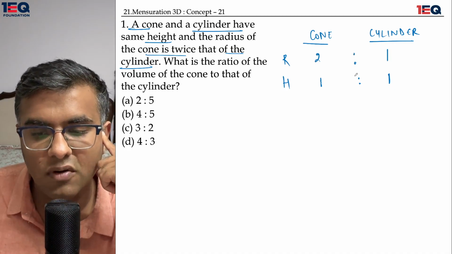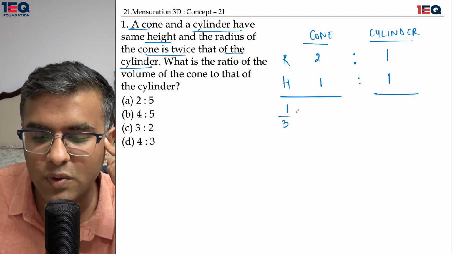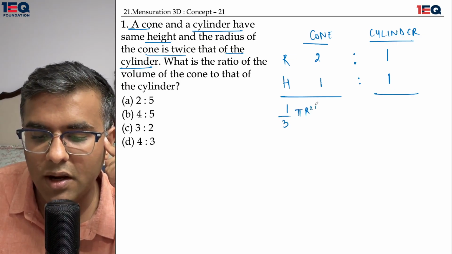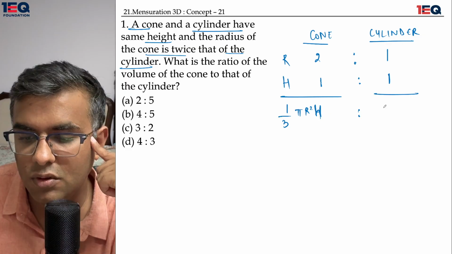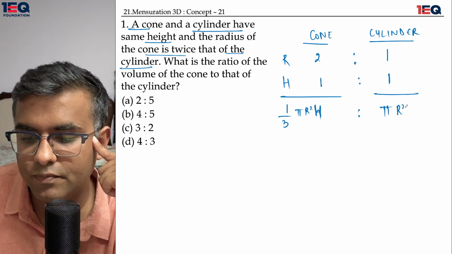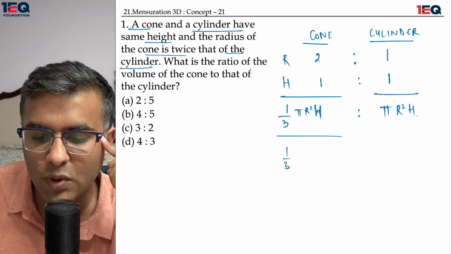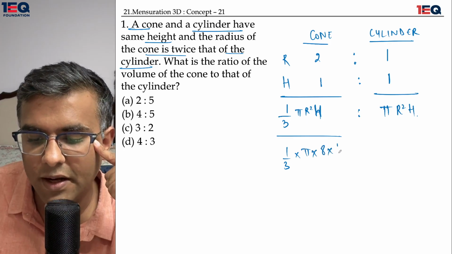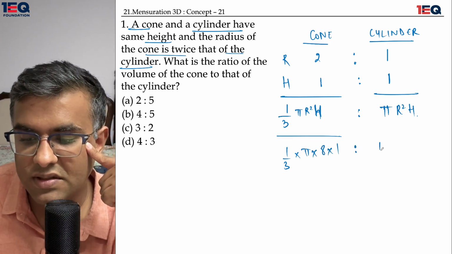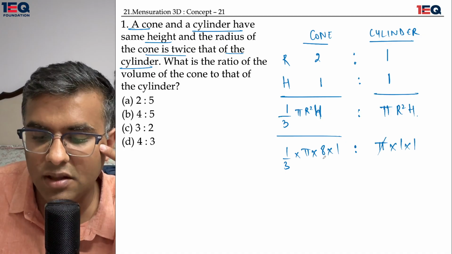What is the ratio of the volumes? The formula is 1 by 3 pi r square h. So this is 1 by 3 multiplied by pi multiplied by r square h, with the ratios.